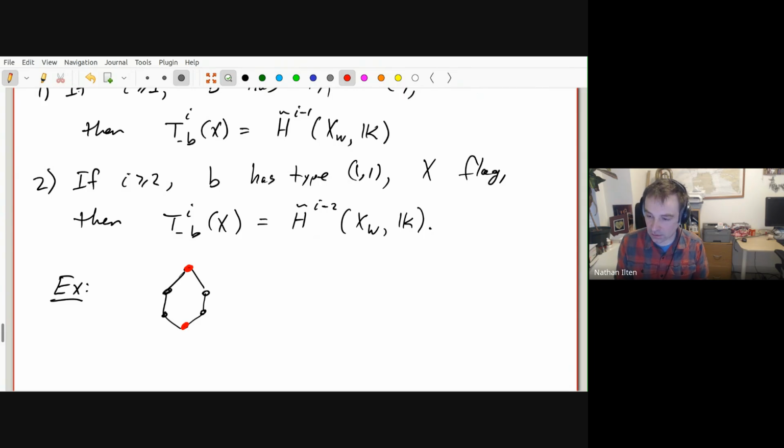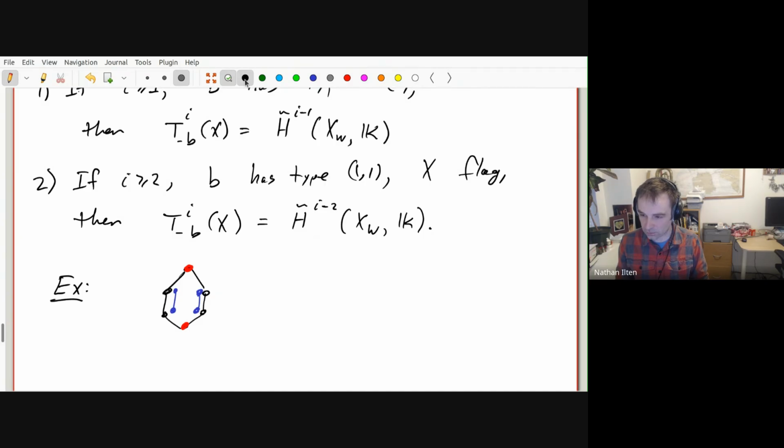So I need to think again, what is this complex X_W? Well, in this case, the intersection of the two links is empty. And so the complex that I get is just this blue complex that looks like this. Okay, so it's just consisting of two contractible segments.